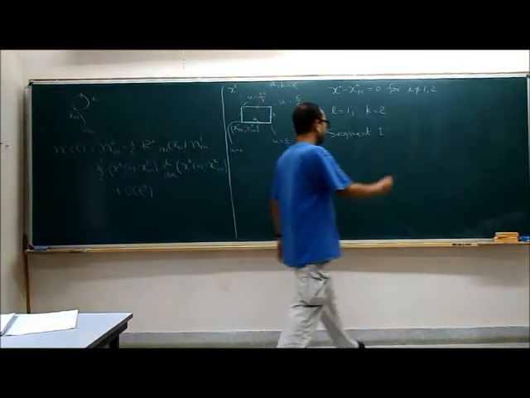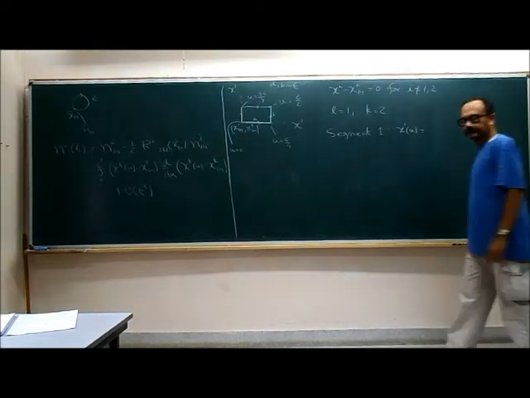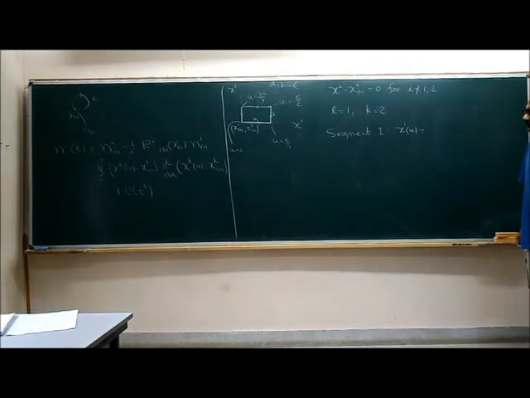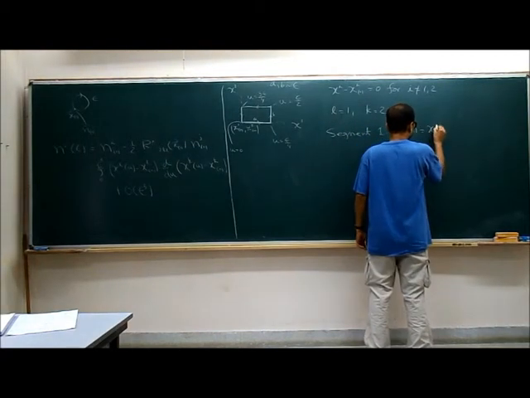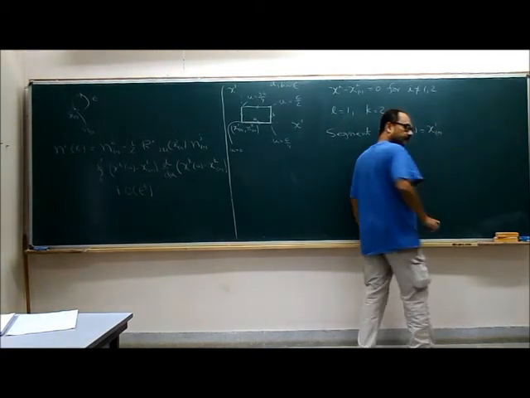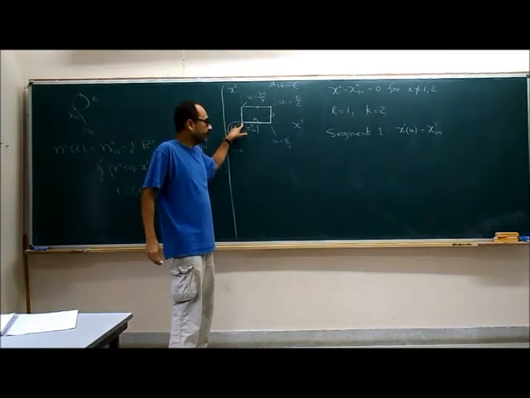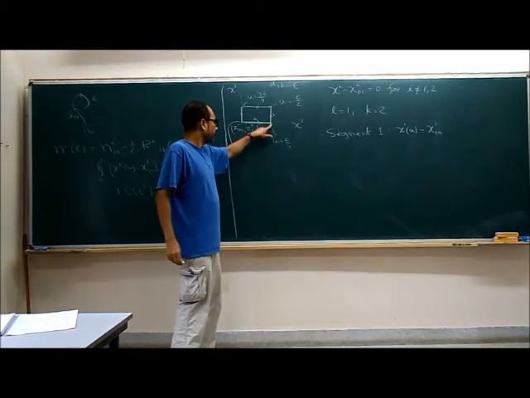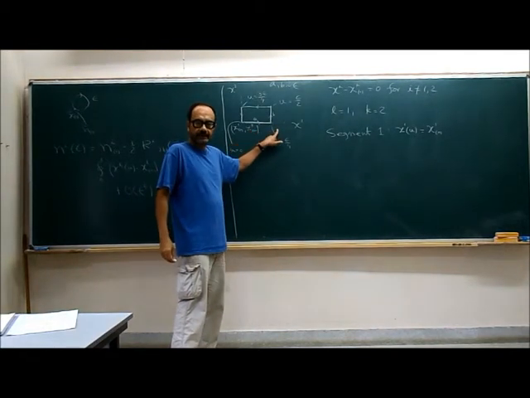What is x1 as a function of u on segment 1? It starts from x1 naught and goes up to x1 naught plus a, because x1 naught is changing by a.